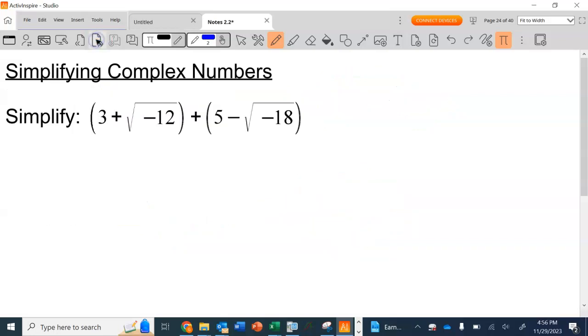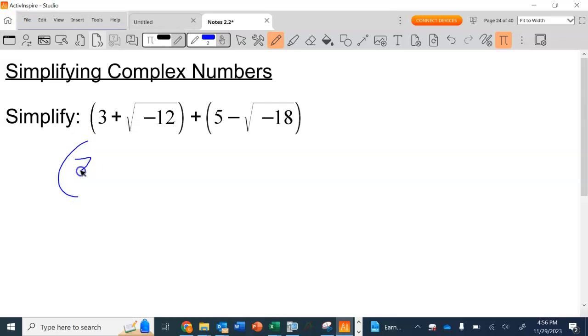Some of the other things we can do with square roots and the imaginary unit is when you have a negative inside of a square root. Remember that all the rules we talk about for square roots only apply when the number inside the square root, the radicand, is a positive number. So the first thing we want to do is remove the negatives from inside the square root.